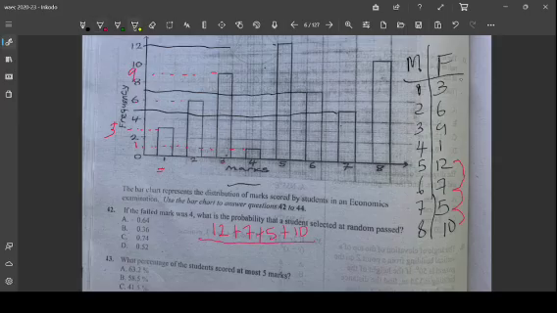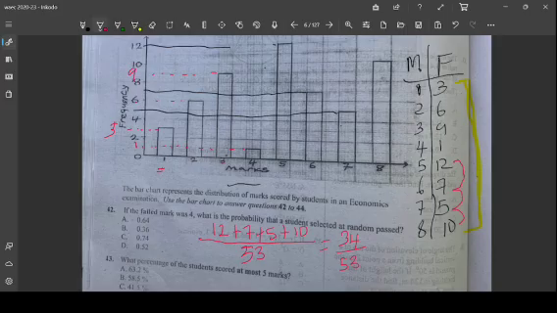When you add all these frequencies, 3 plus 6 plus 9 plus 1 and so on, you get 53 students. Summing up the numbers at the top, you have 34 over 53. So 34 students passed out of 53 students.